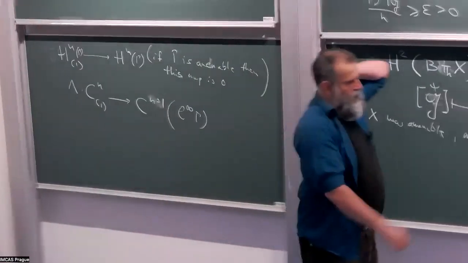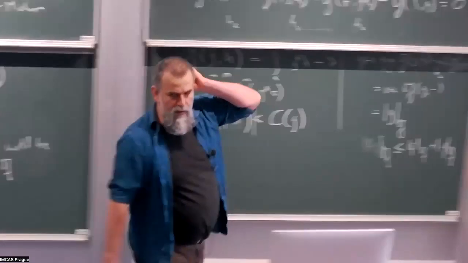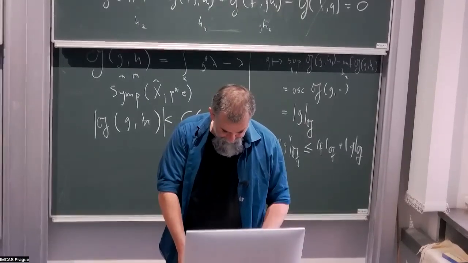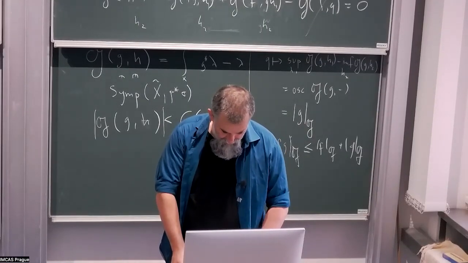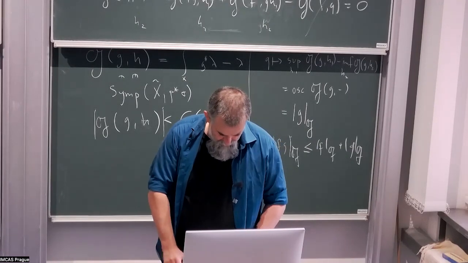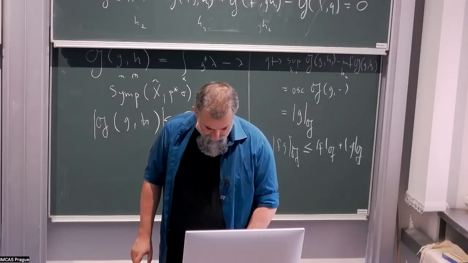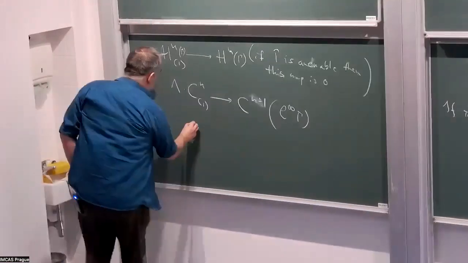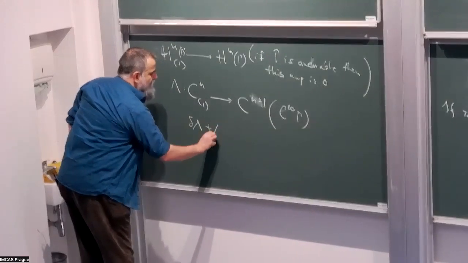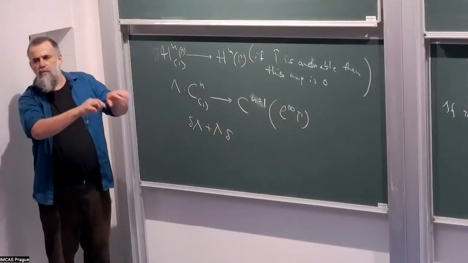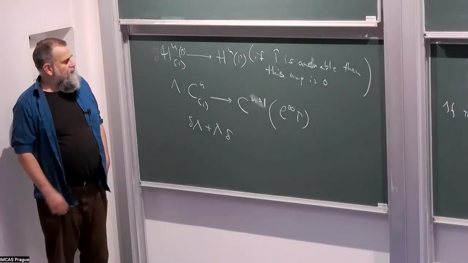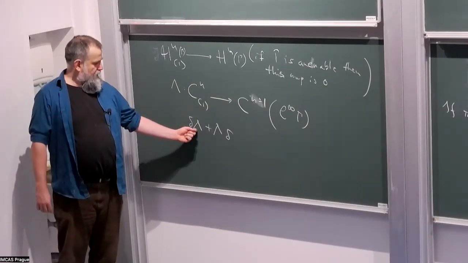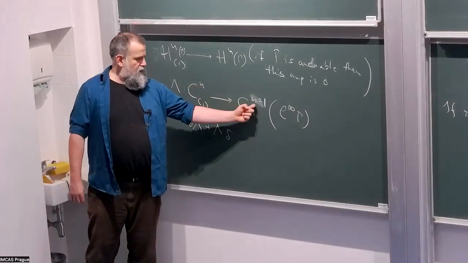it does not commute with the differential, but if you compute what is d lambda plus lambda d, you jiggle a little with notation, you will see that you are getting so this thing decreases degree by 1.